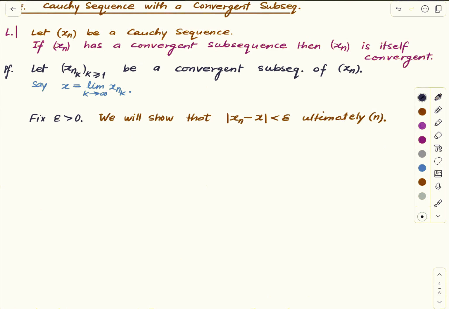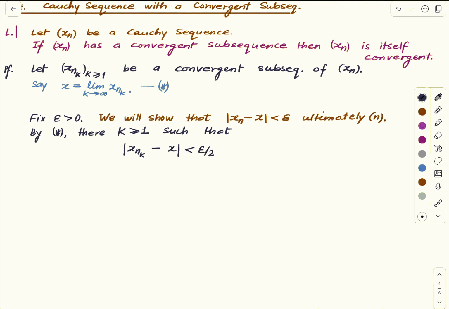Now, by the blue thing, let's call the blue thing star. By star, there is some capital K such that this is at most epsilon by 2.